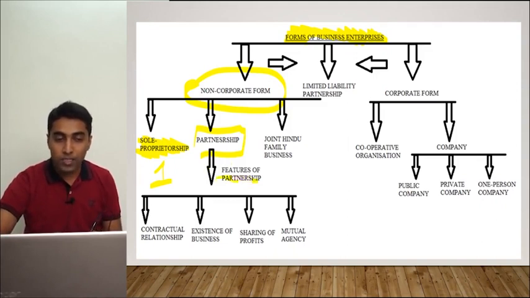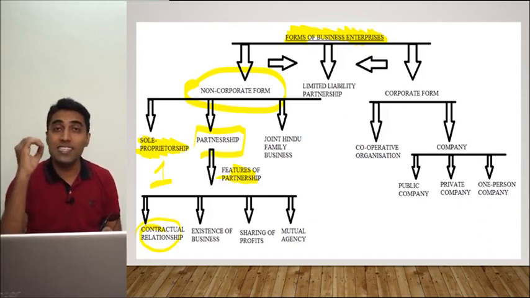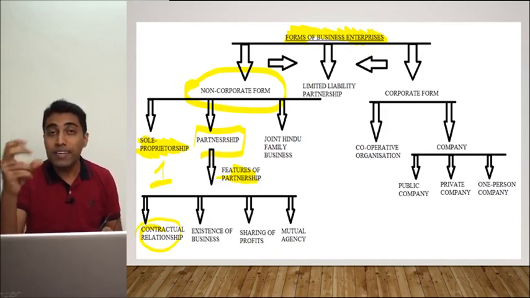So what are the features of a partnership? The first point is contractual relationship. If you see the Indian Contract Act, it says what is a contract? A contract is basically an agreement which is enforceable by law. So when do we have an agreement? When there is consensus ad idem, that is, meeting of two minds.